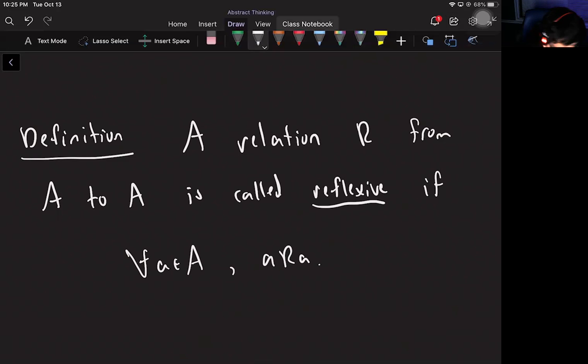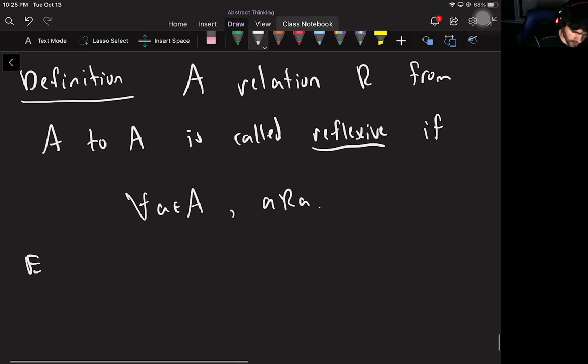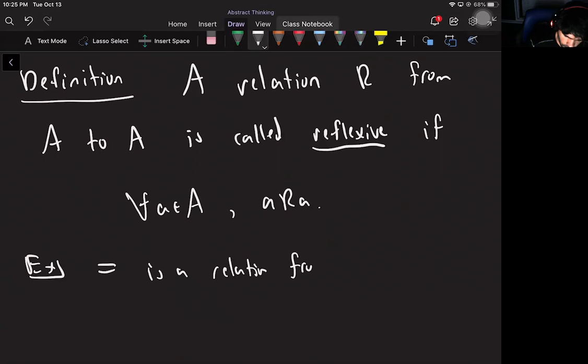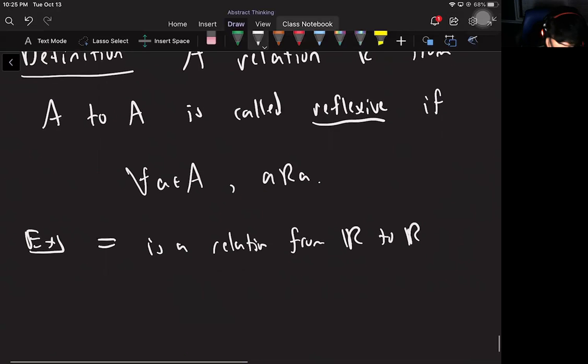A. So one example of a relation that is reflexive, very quickly, besides the one we just did, is equality of numbers. So equals is a relation from R to R. So first of all, it goes from a set to the same set. And when are two things related?